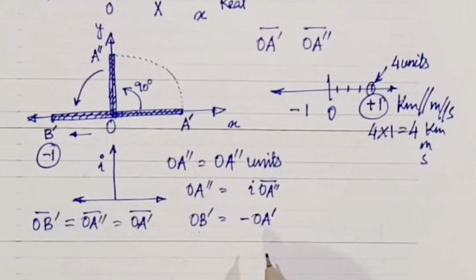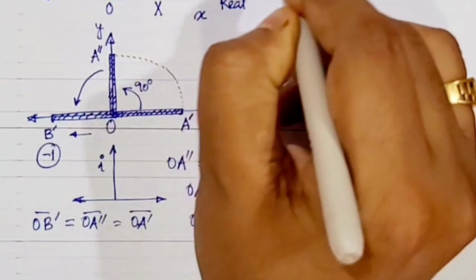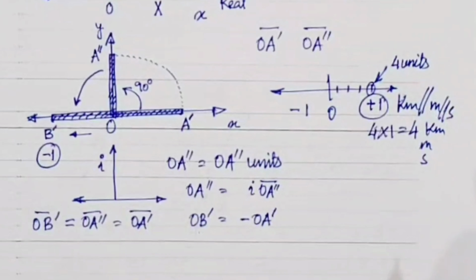So what did you understand so far? What you understood is that i is not a number. i is a concept which just tells that this is a unit on the vertical axis. So yes, i is not a number. And it is definitely not imaginary. Even though we call it the imaginary axis, it is not imaginary. The concept of rotation is very much real.